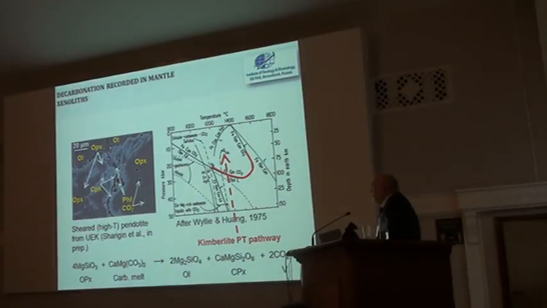This process of carbonation was shown in a paper on the Siberian platform. You can see this newly formed CPX, like here, some bubbles of CO2, and this reaction is right here.